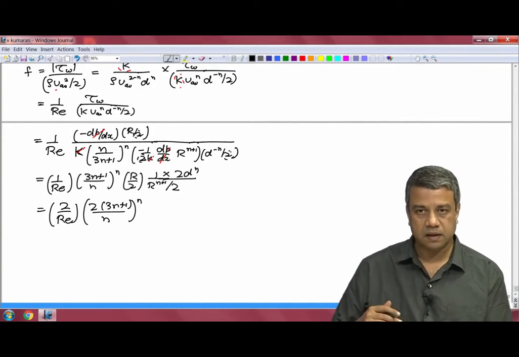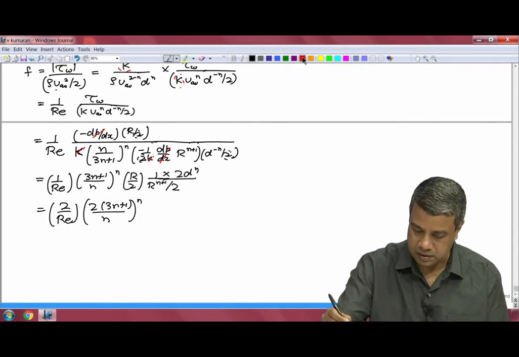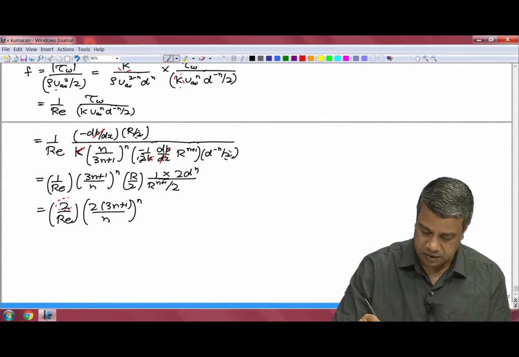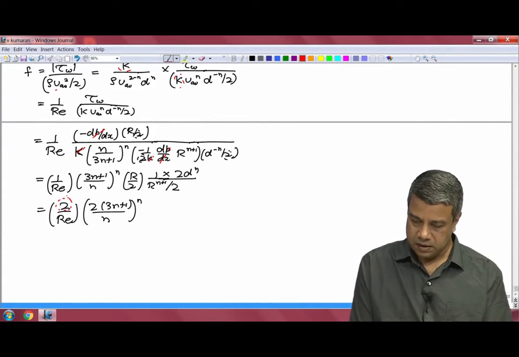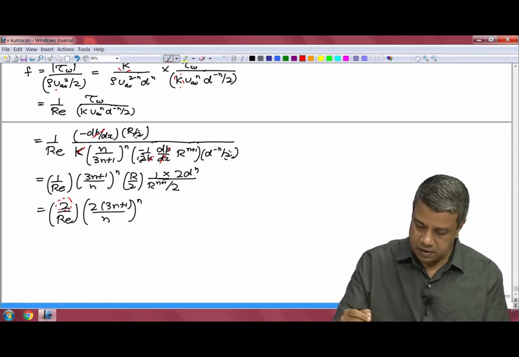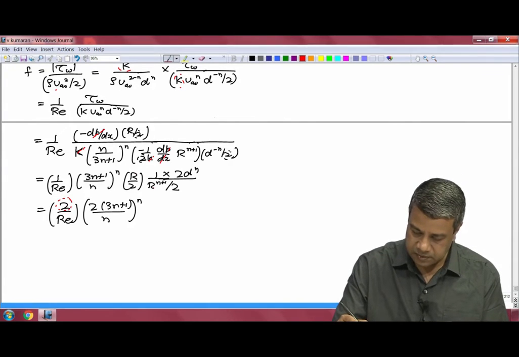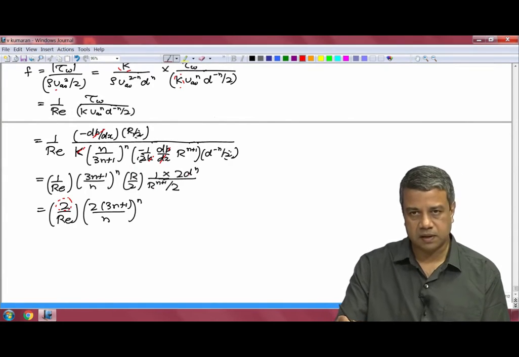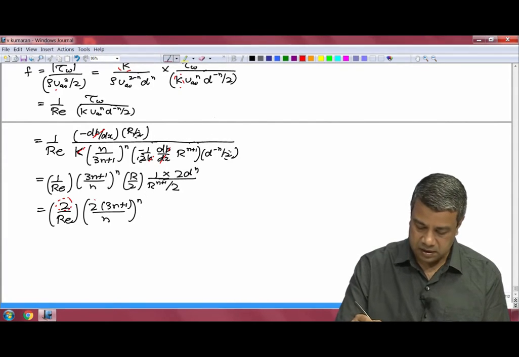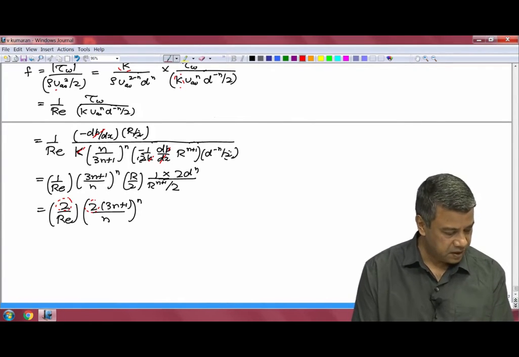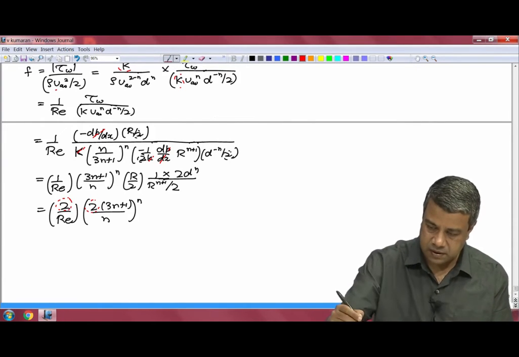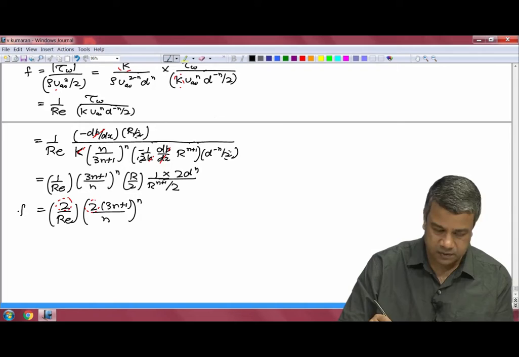Therefore, that gives me a factor of 2 in the numerator for the Re. And then I have r times 1 over r power n plus 1 into d power n. That gives me a factor of 2 power n, because d is equal to 2 times r, and that factor of d power n is in here. So, this is the friction factor correlation for the flow of a power law fluid in a pipe.